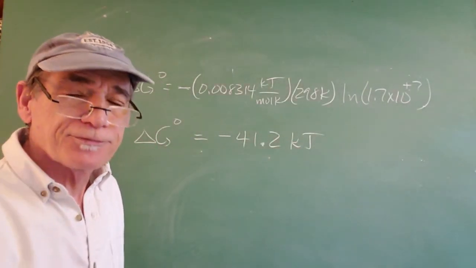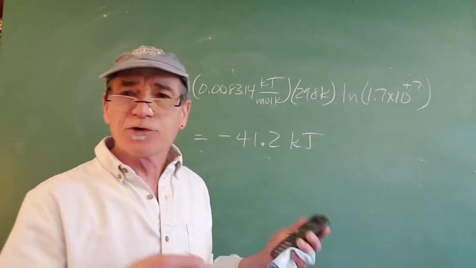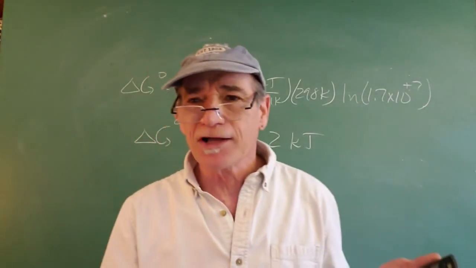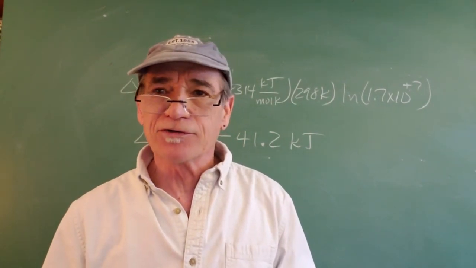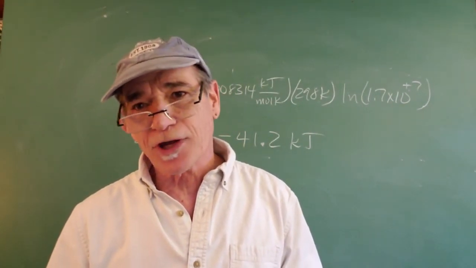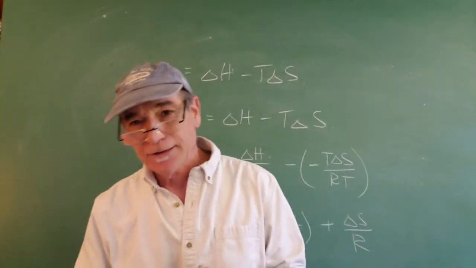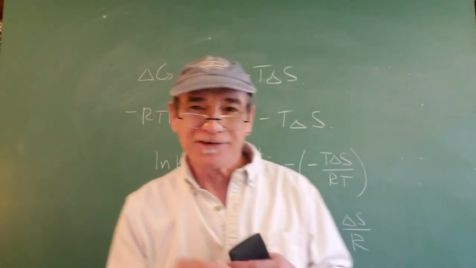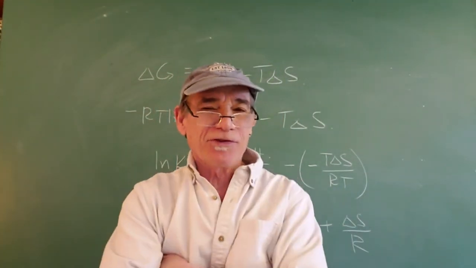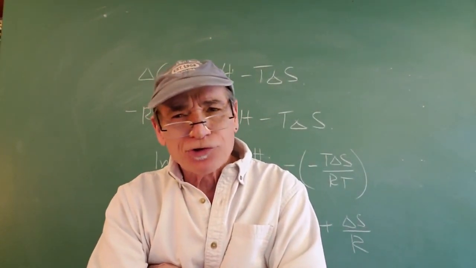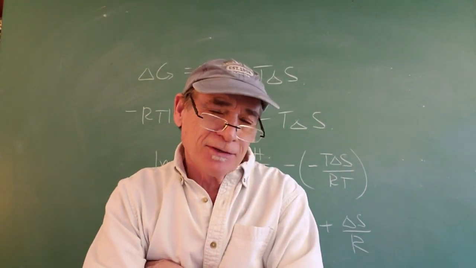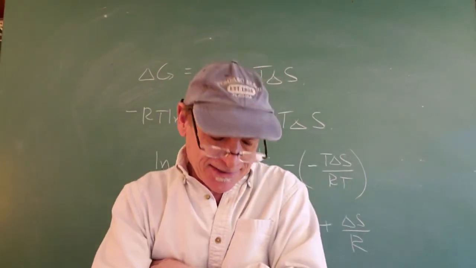So you can kind of see the relationship between the equilibrium constant and delta G. There's one last little thing we need to tie up to wrap up our chapter on thermodynamics. The thermodynamics here at the end of the chapter explains something we looked at back in our equilibrium chapter: that temperature affects equilibrium constants because temperature affects rate constants.